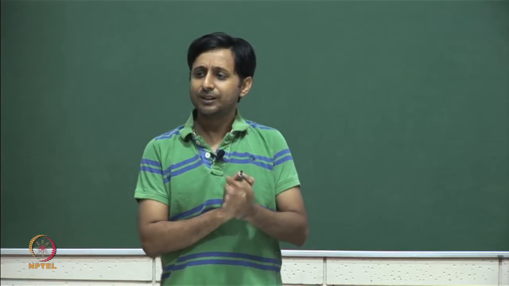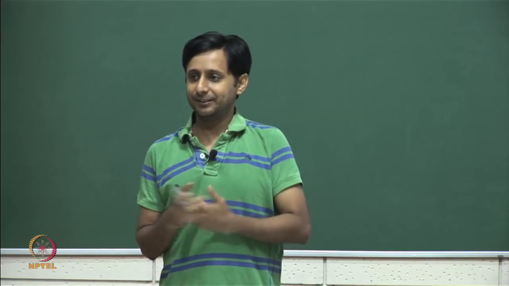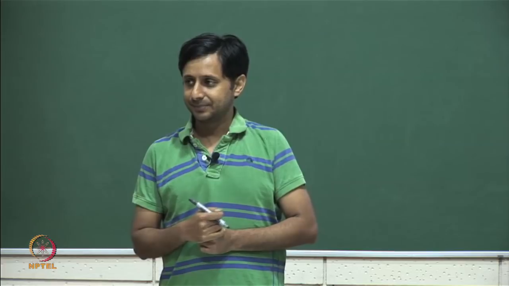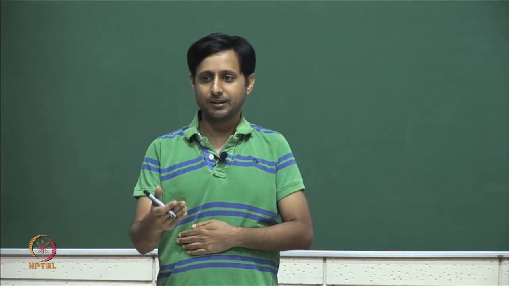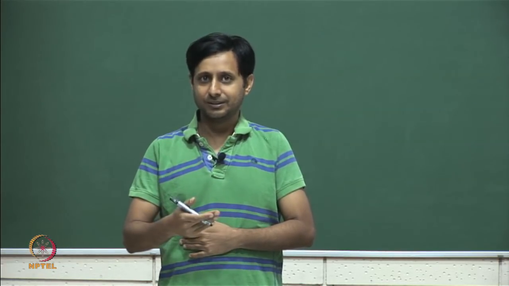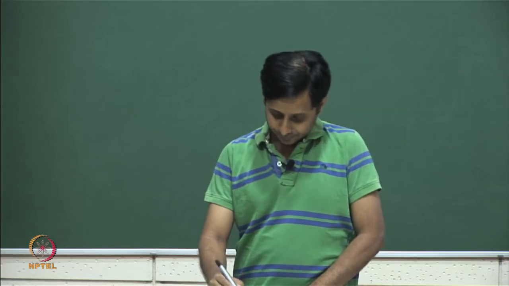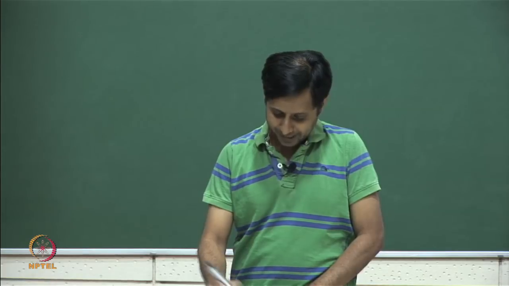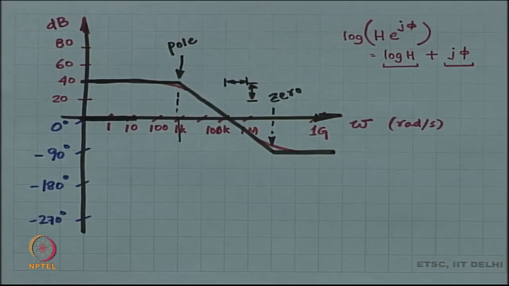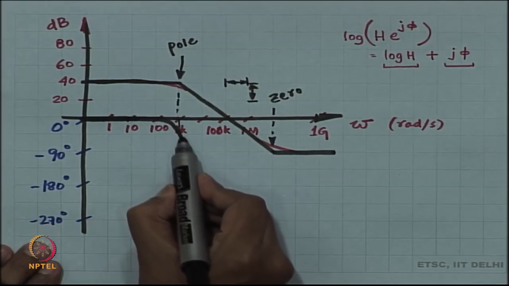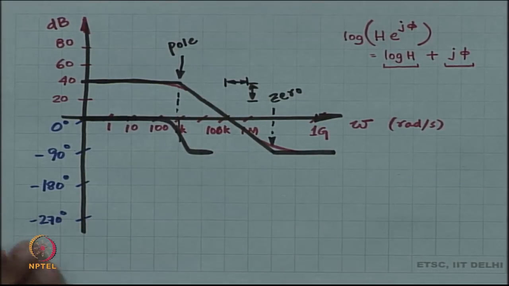At every pole, the phase is going to drop by 90 degrees. Every pole comes, one pole 90 degrees, another pole another 90 degrees. So, if a pole arrives, then you are going to get a phase lag of 90 degrees.